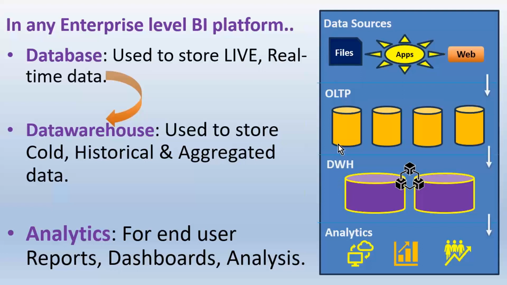Over time, the data has to be stored in a godown called a warehouse. So a warehouse is a cold, historical, aggregated data store. For example, you log into your bank account and see recent transactions, that is OLTP, and when you would like to get old transaction data, that is the warehouse, DWH. Then what next?